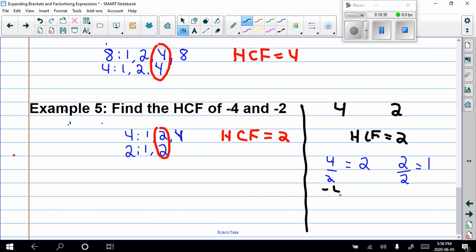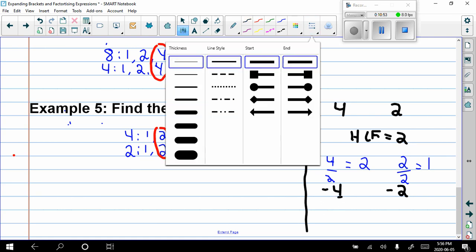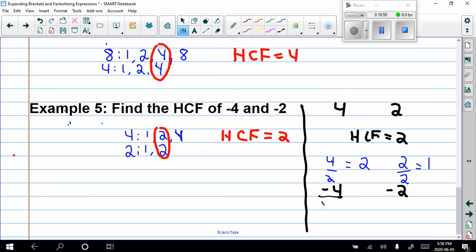So if we have negative 4 and negative 2, though, can we divide by anything that's going to make these both easier? Well, yeah. There's no reason that we can't divide by a negative number. We've done this before. Our highest common factor is 2.